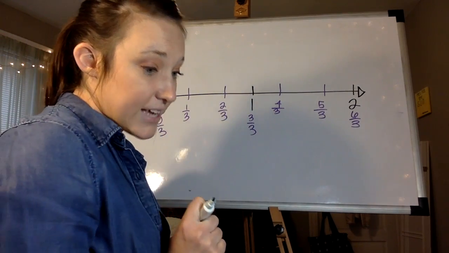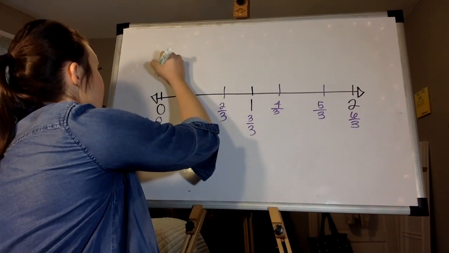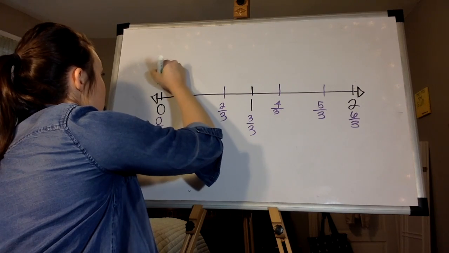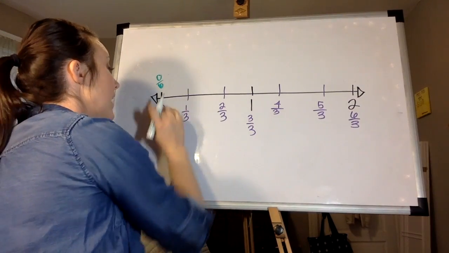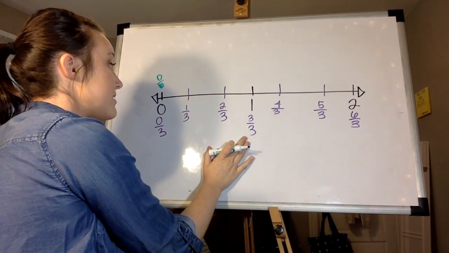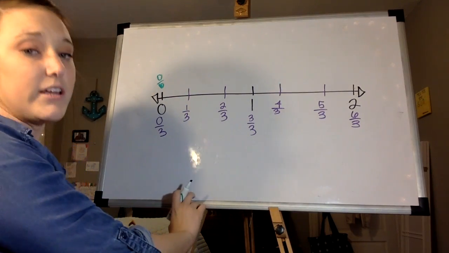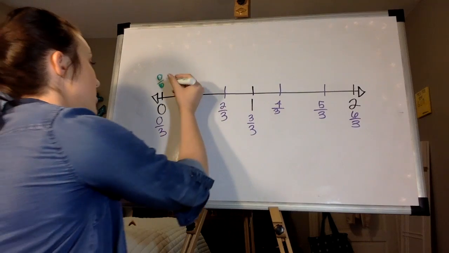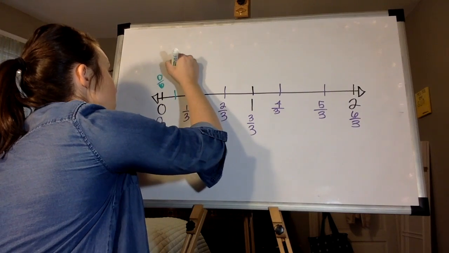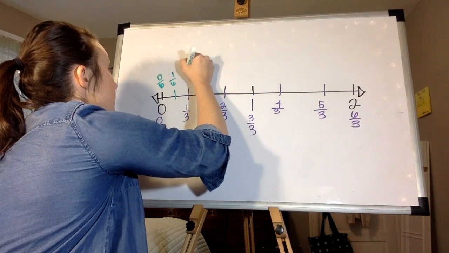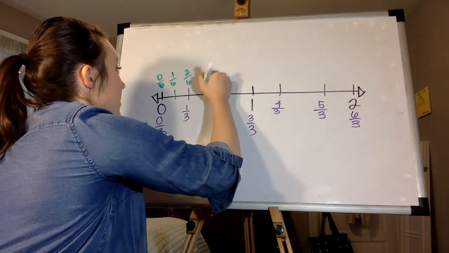Now let's do the sixths. Okay, and the same thing, they started off with 0 sixths. And then I need to split from 0 to 1 into 6 equal shares, okay? I already have it divided into 3 equal shares, so it shouldn't be too hard to go in and add 3 more ticks to give me 6 equal shares.